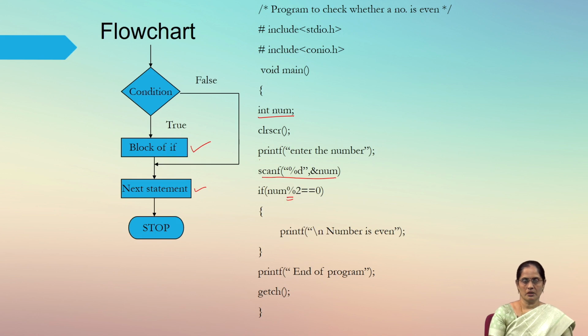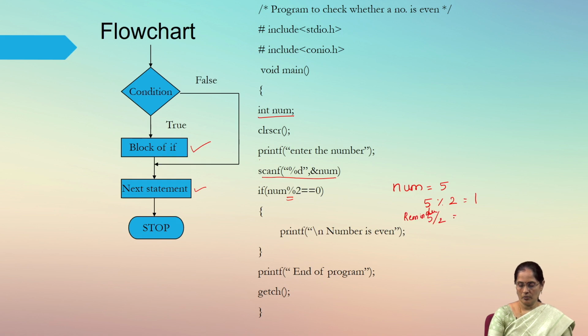Let us take the num value to be, say, 5 initially. So, 5 mod 2 results in the value 1, because when you divide 5 by 2, the remainder is the output of the mod operation.